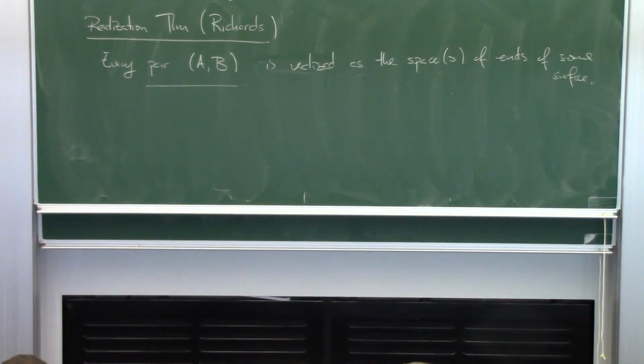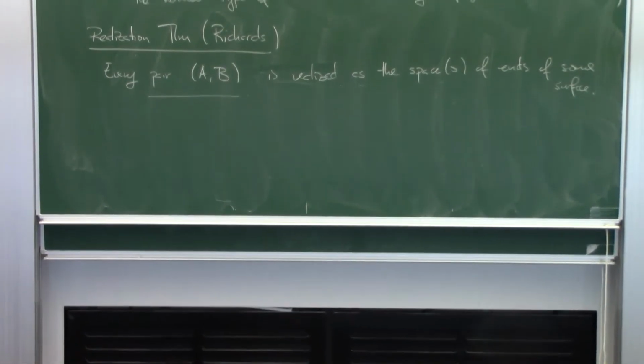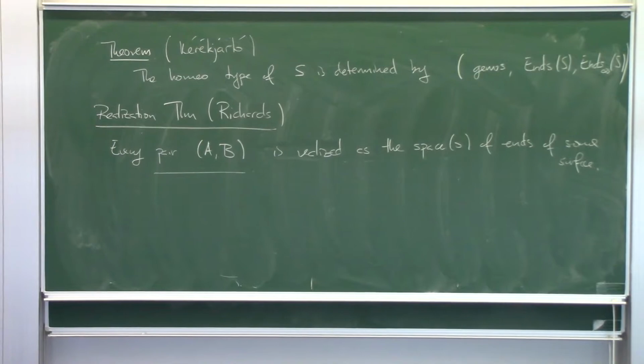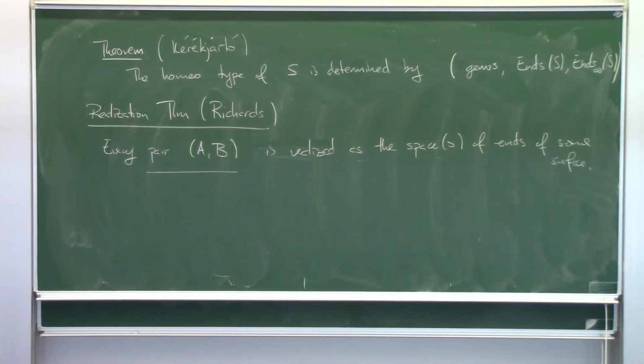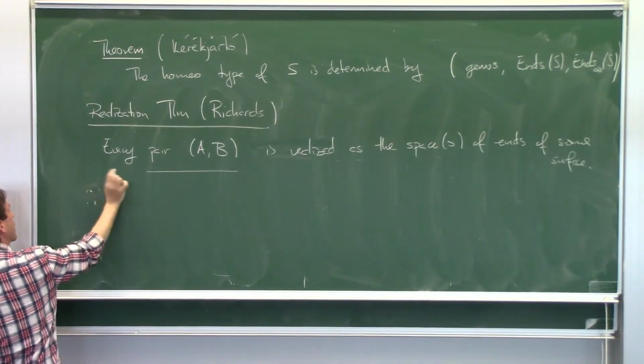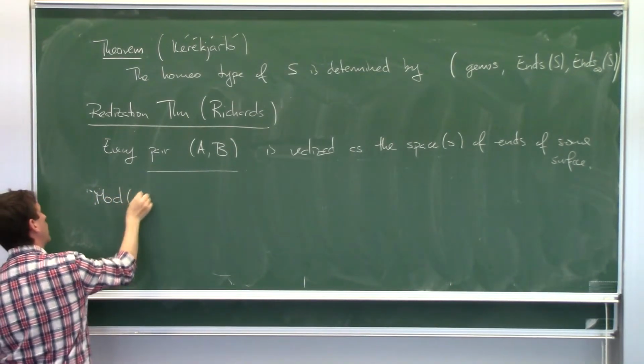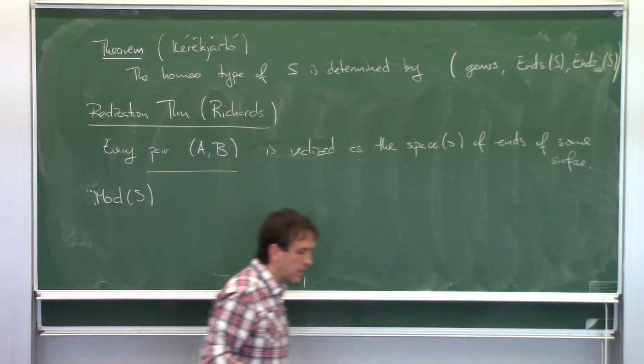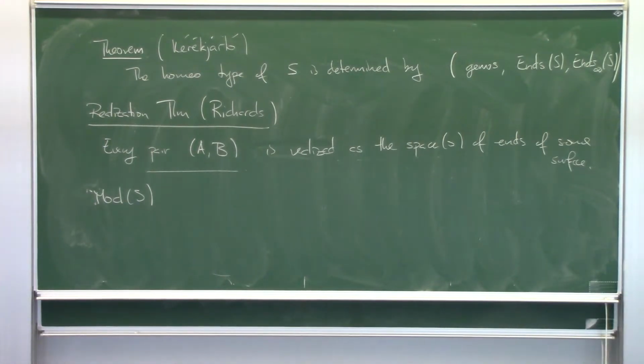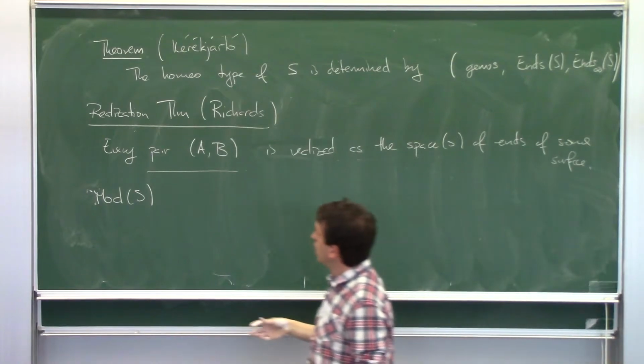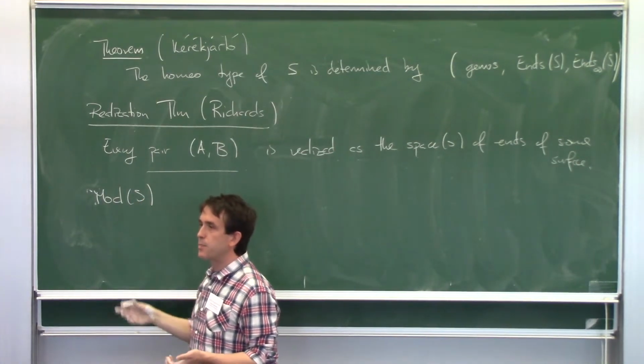Okay. So once you have a surface, then you can talk about its mapping class group. Maybe I should define the mapping class group of an infinite-type surface. It's the same definition. Mod(S) is the mapping class group, homeomorphisms up to homotopy. But now, this is a strange beast.